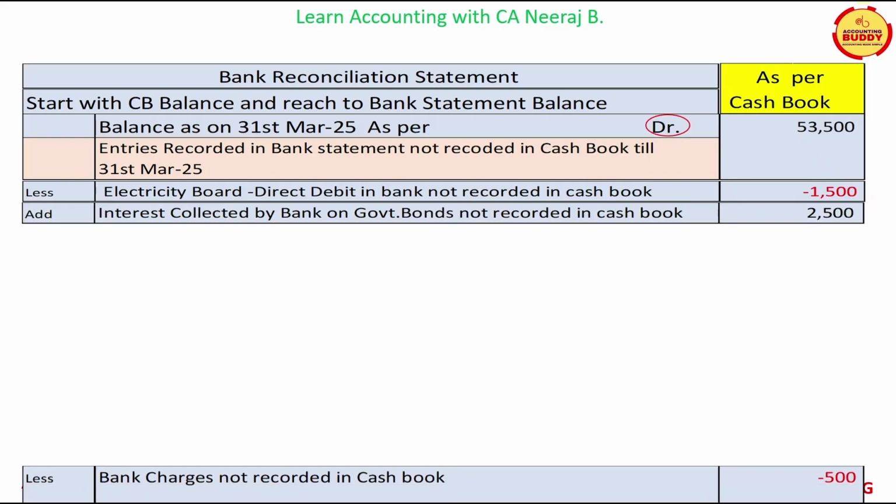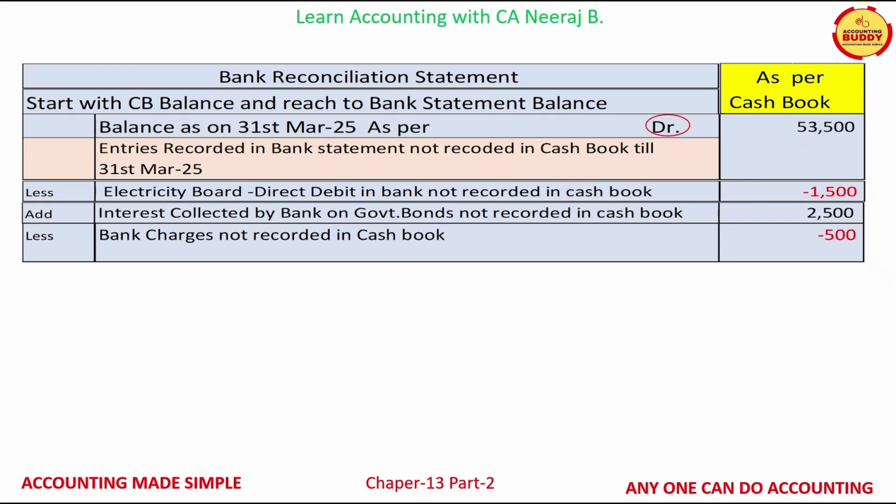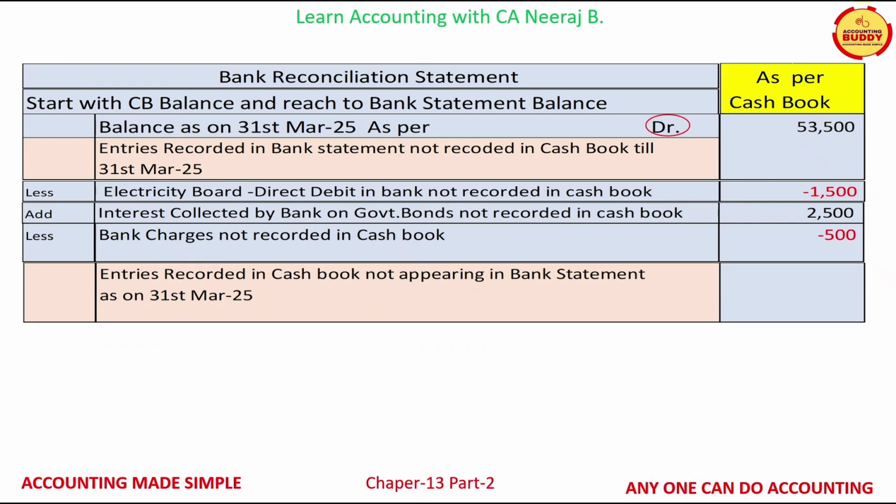The bank has debited $500 as bank charges and thus the bank balance is reduced by $500. Therefore, this amount will be deducted from the cash book balance to reduce the cash book balance also. Now let us consider entries recorded in the cash book but not appearing in the bank statement.